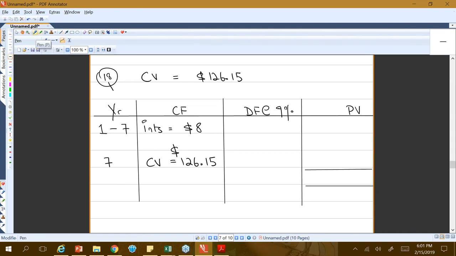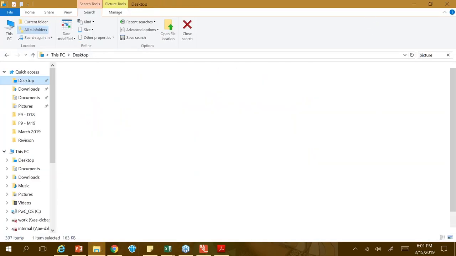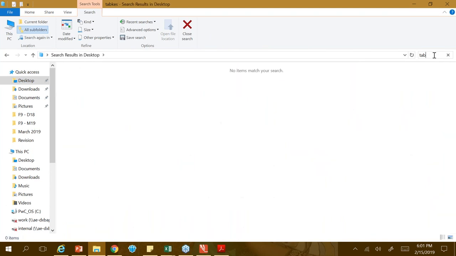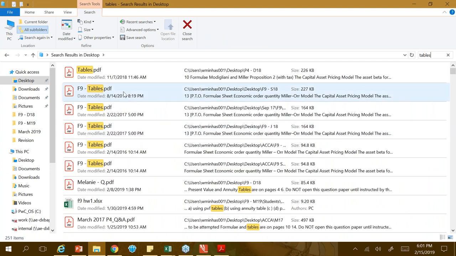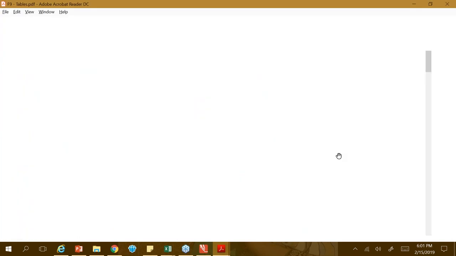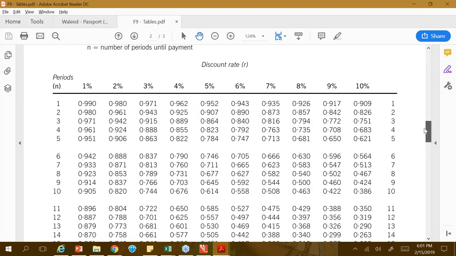So we need to put in the discount factors at 9%, from the tables.